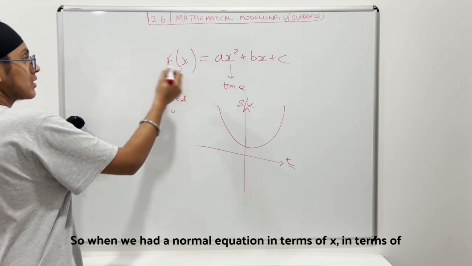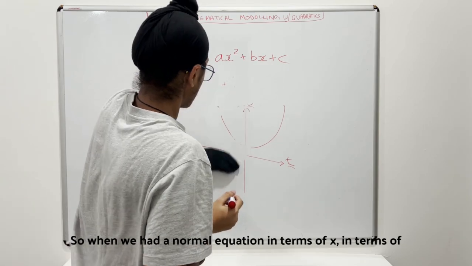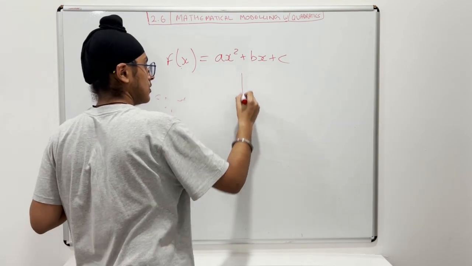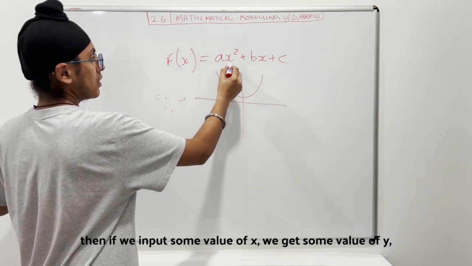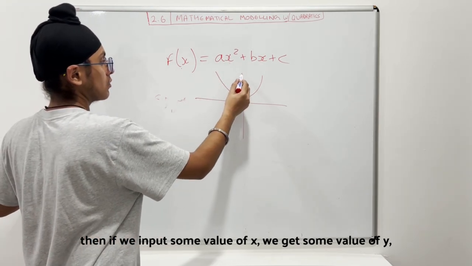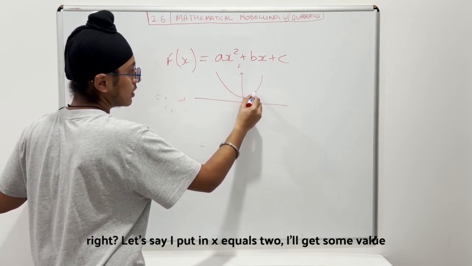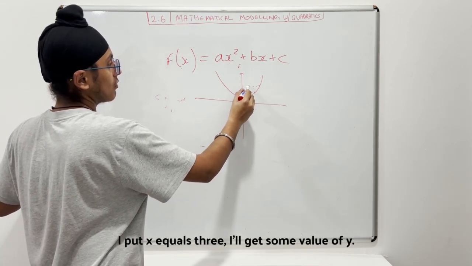So when we had a normal equation in terms of x, if we input some value of x, we'll get some value of y, right? Let's say I put in x equals 2, I'll get some value of y. I put x equals 3, I'll get some value of y.